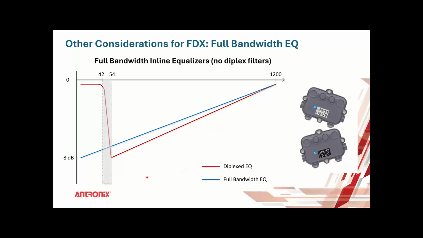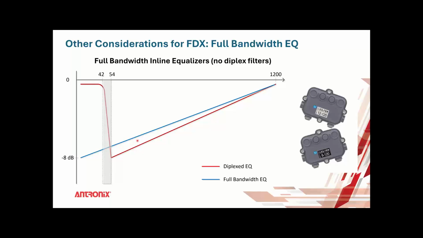There are also other versions, full bandwidth inline equalizers. That means this frequency response has no diplex, going all the way down to 5 megahertz. So in FDX, you don't want any diplexers.